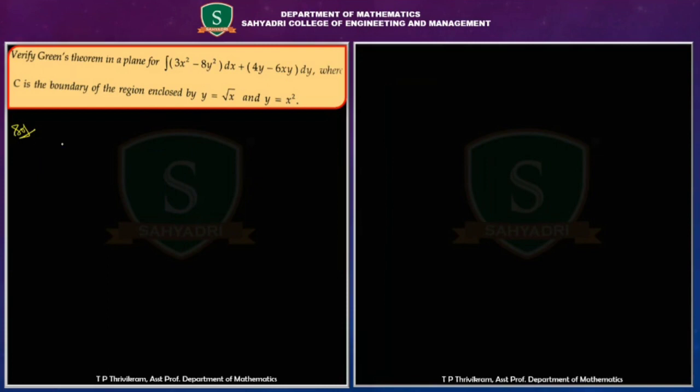So first let us write what is F dot dr. Here F dot dr is nothing but the integrand. After the integral sign, whatever is there is called the integrand.